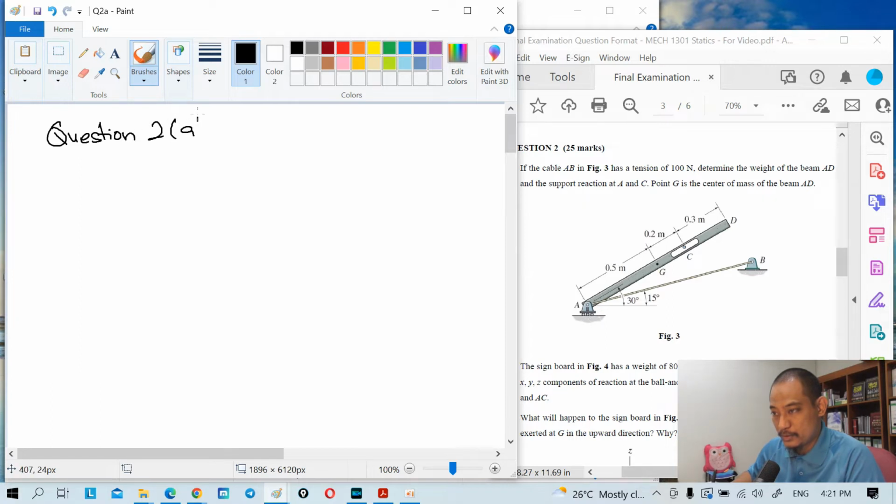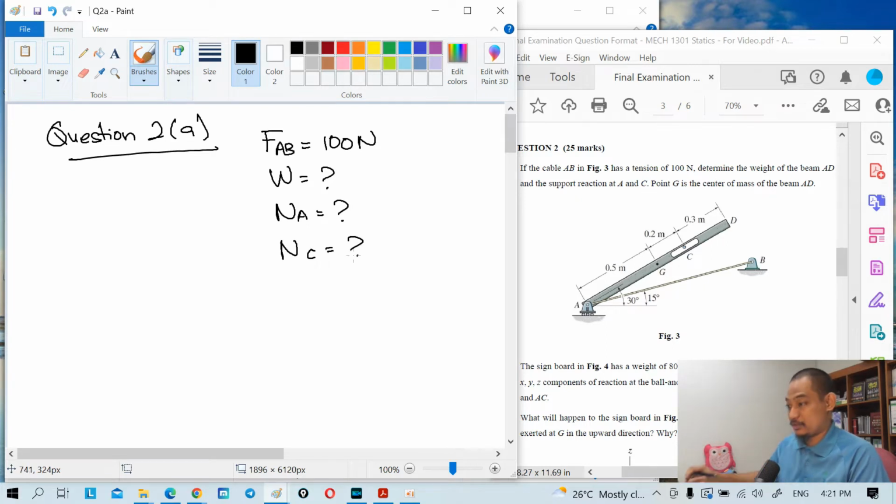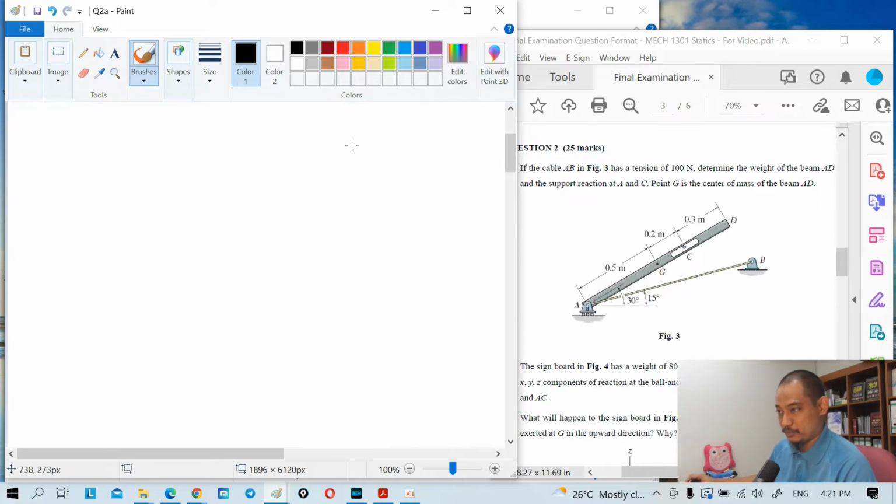Question 2A. So tension, meaning that force AB is already given as 100 Newton. We need to find the weight. We need to find the normal reaction at A, and also the normal reaction at C, right? So those are the things that we highlight. We take note of what we need to do. Alright, so this is a free body equilibrium problem, so it always begins with a free body diagram, right?